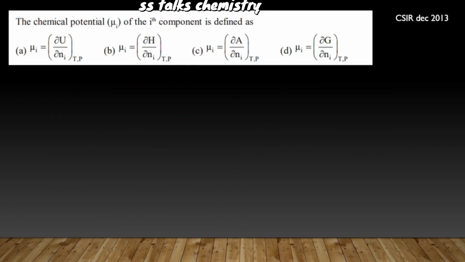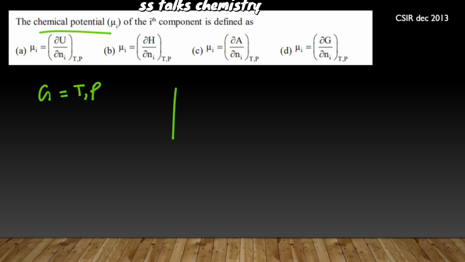Next question. The chemical potential of the ith component is defined as... So chemical potential is a term you encounter in open systems. This is nothing new. In the open system, we consider that some number of moles are also included. If G is considered as a function of temperature and pressure, this is for the closed system.